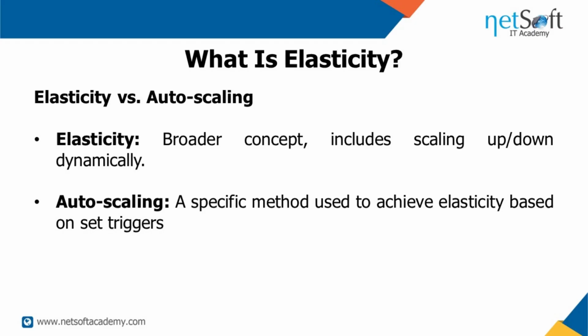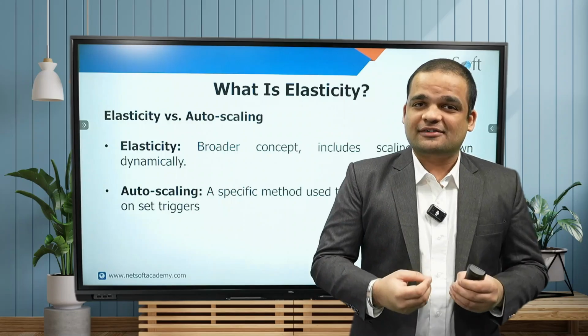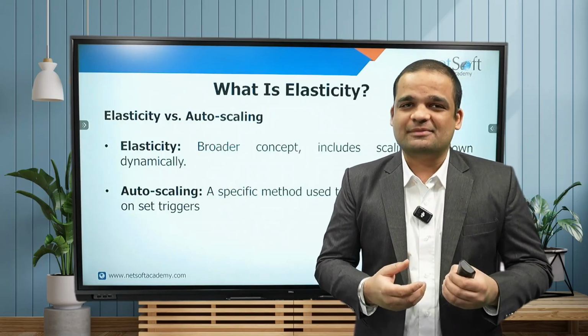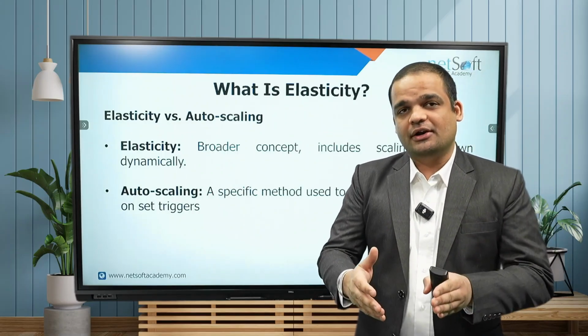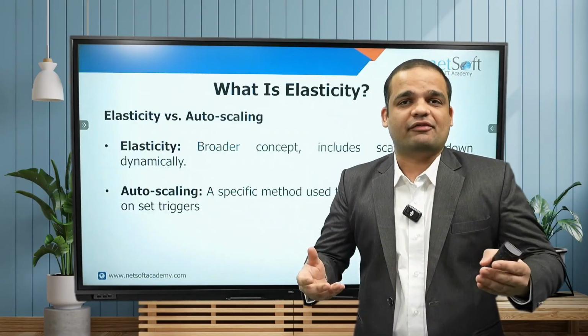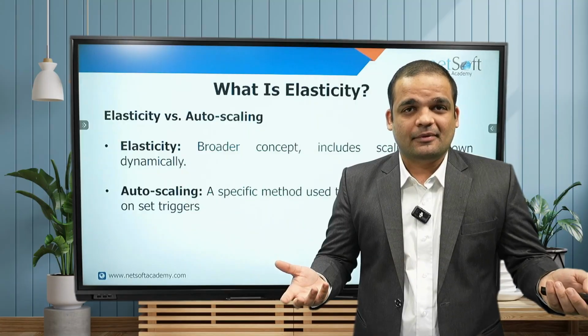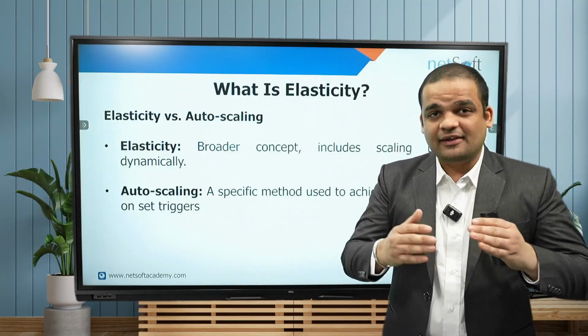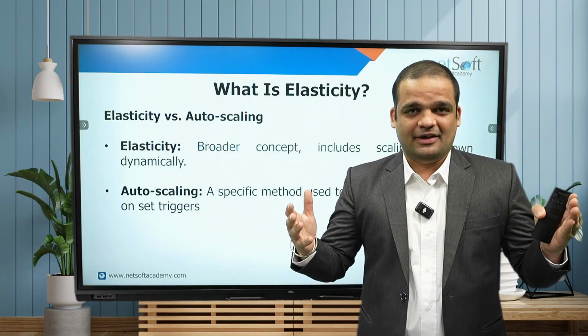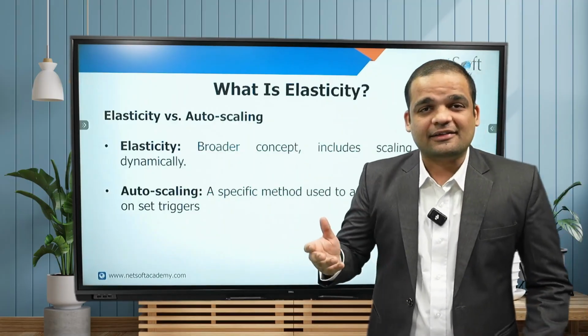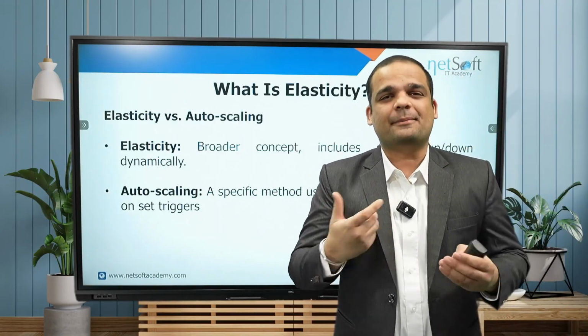Autoscaling is a specific method to achieve elasticity, where the cloud system automatically adjusts resources based on pre-configured triggers, such as traffic spikes or CPU performance spikes. So elasticity is actually a broader term. Autoscaling comes in between, it's a subset.